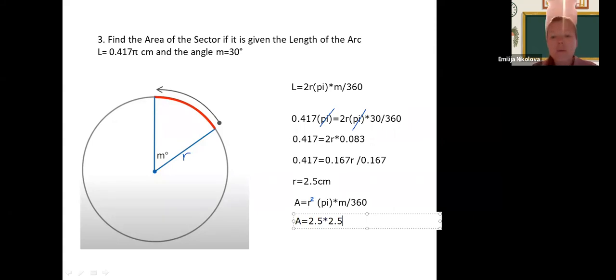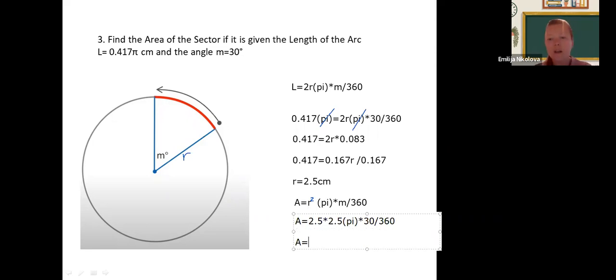Okay, so now instead of r, I put 2.5 that we found, squared, so I multiply it by itself, times pi. Then I have the section that is 30 given here, divided by 360.